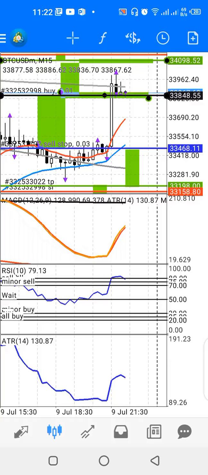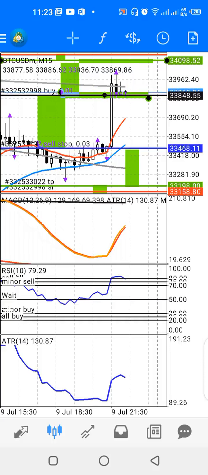The reason is that 0.08 plus the existing 0.01, that's 0.09. 0.09 will balance our ratio, which is ratio 1 to 3, 3 times the opposing lot size. Remember, the opposing lot size is 0.03, which was initially a sell stop, and if triggered is now a running sell order. 3 times 0.03 is 0.09.